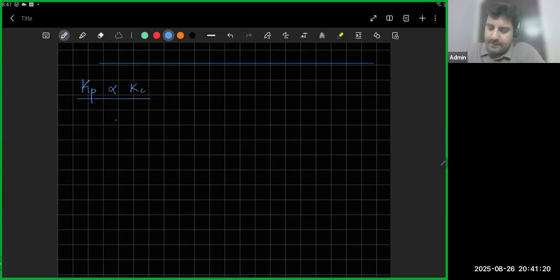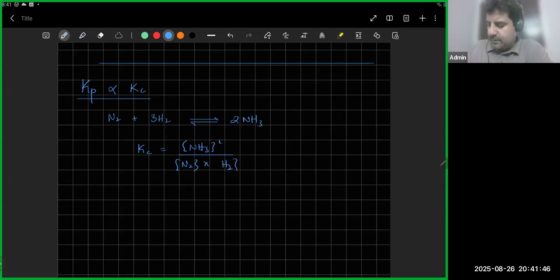The only difference was that if you have an equation like N2 plus 3H2 in equilibrium with 2NH3, Kc was NH3 concentration squared over N2 concentration times H2 concentration cubed.